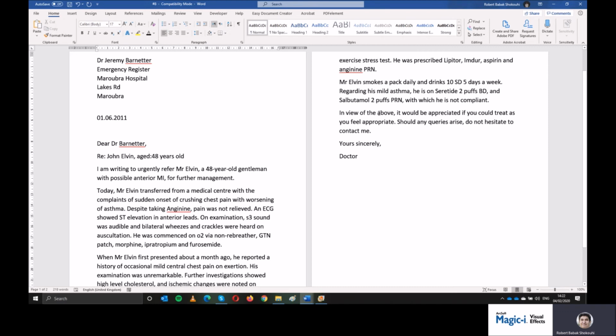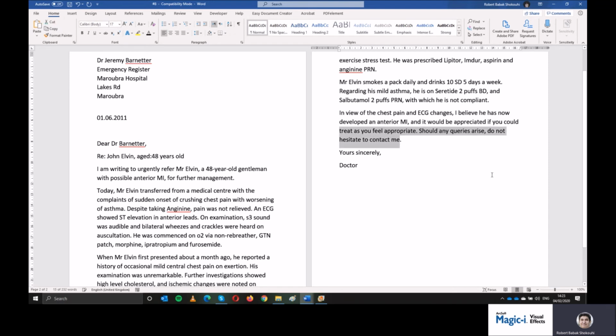So what we say: in view of the chest pain and ECG changes, I believe he has now developed an anterior MI, and it would be appreciated if you could see him or admit him as an emergency.